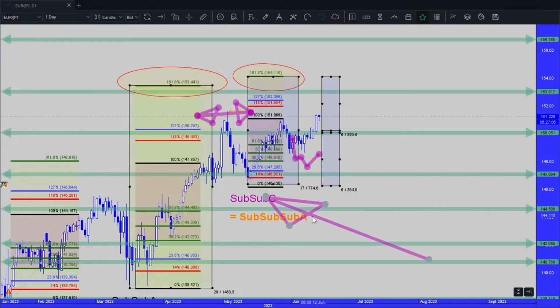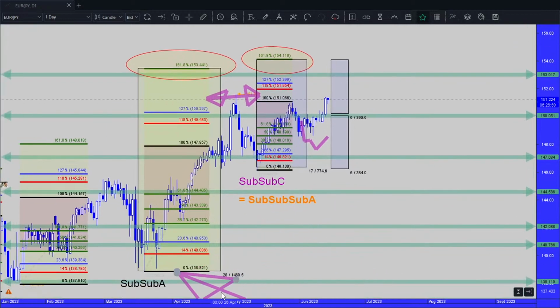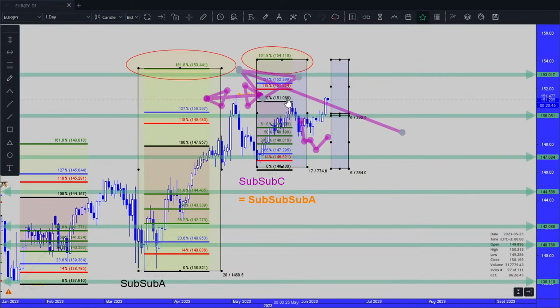Why not? Because if we agree, if we are clear that the sub A, the green rectangle, moves the blue, can you see that the sub D extension, the market is going to hit the sub D extension before it hits the sub A's?